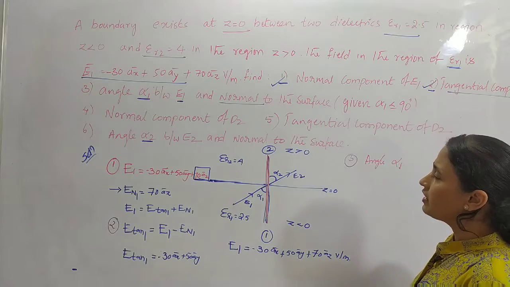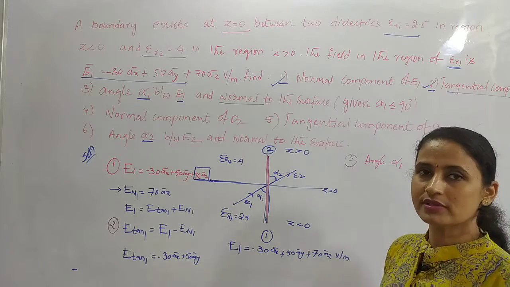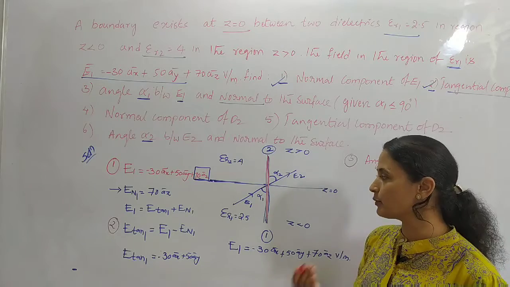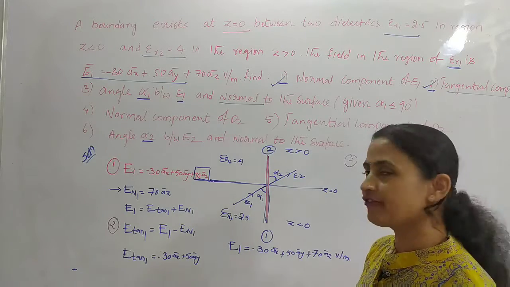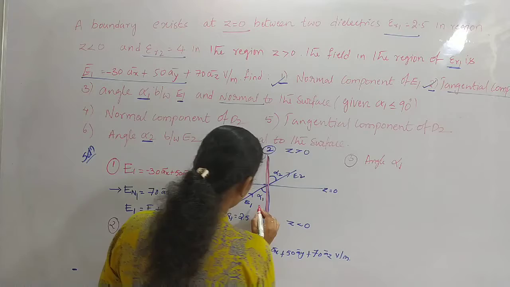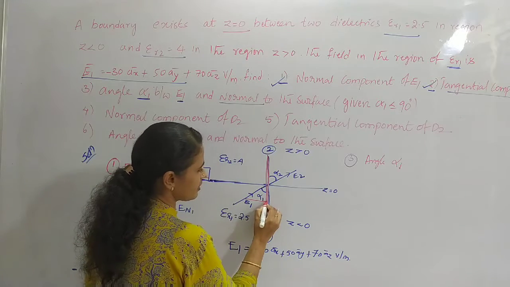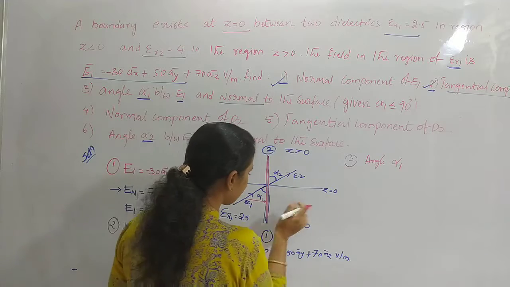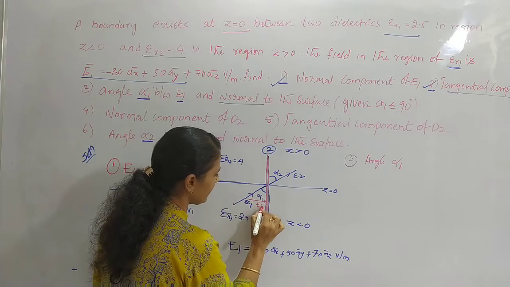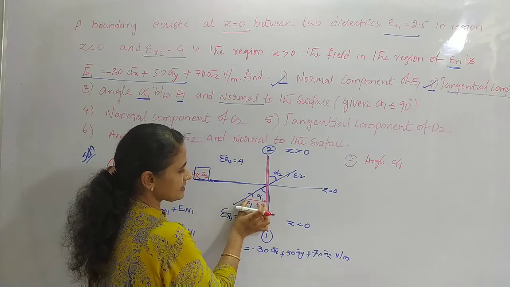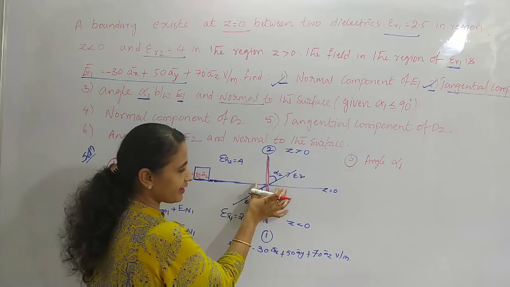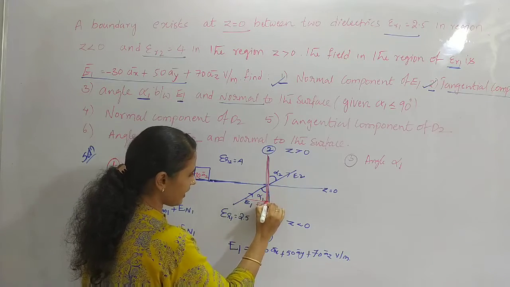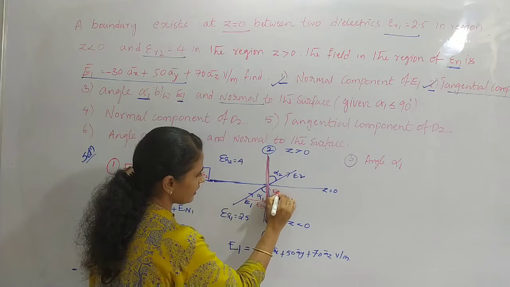To find the angle alpha 1, you can use any trigonometric function: sine, cos, or tan. For example, if we apply tan, this is the opposite side. Since this line is parallel to the boundary line, it is the tangential component of E1, and this is the normal line, so this is En1.